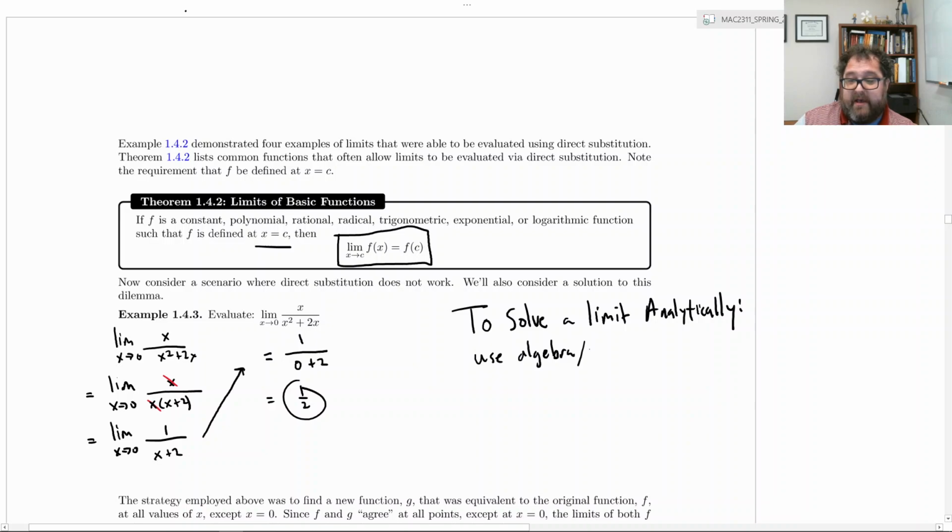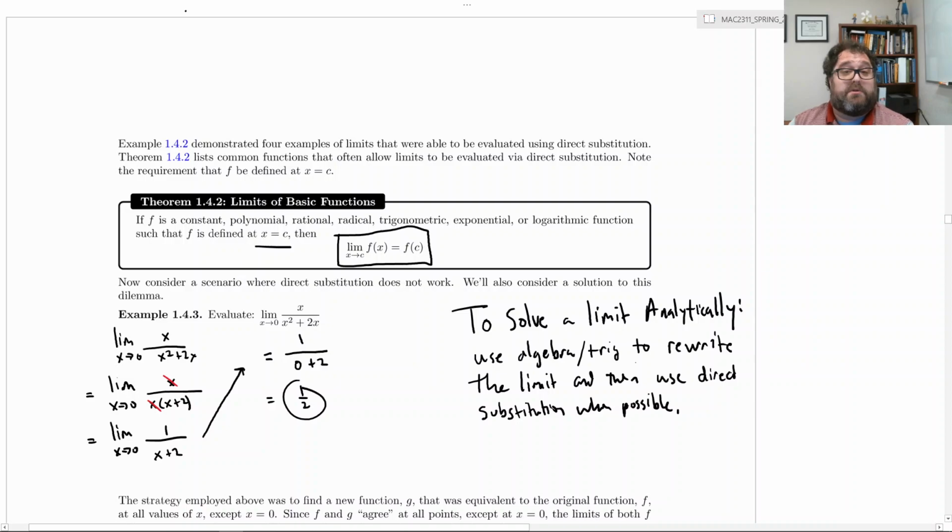Use algebra/trig to rewrite the limit, and then use direct substitution when possible.